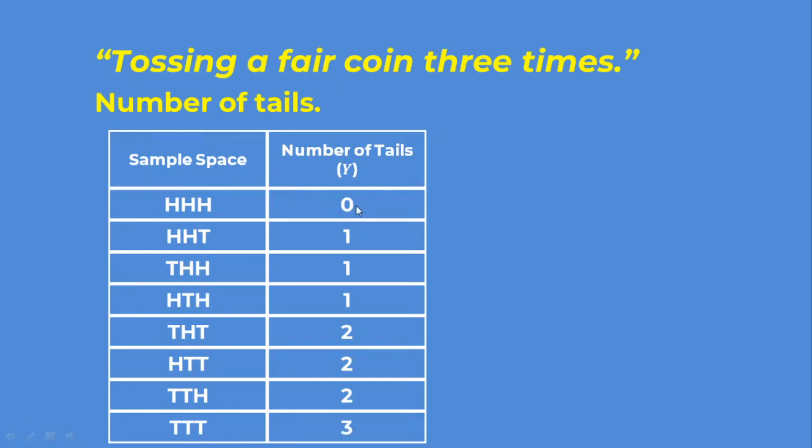Ngayon, kung makita natin ang values na nandito sa number of tails, tatlong kinds of values. This is 0, 1, 2, saka 3. Kaya ang elements ng random variable Y natin is 0, 1, 2, and 3. Now, this is different from variables in algebra.